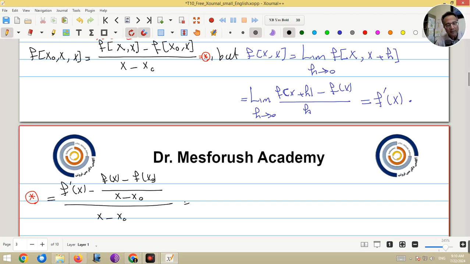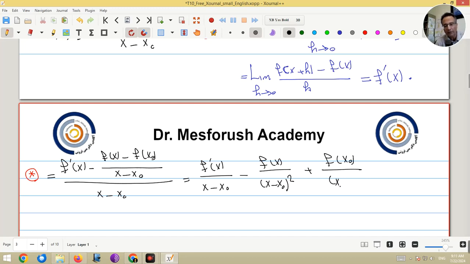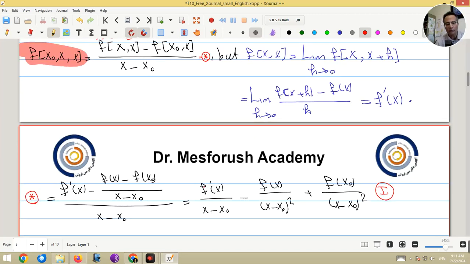And if you compute this one, this will be f prime of x over x minus x0 minus f of x over x minus x0 squared plus f of x0 over x minus x0 squared. Let me call it equality number 1. So in fact I proved this is equal to this.